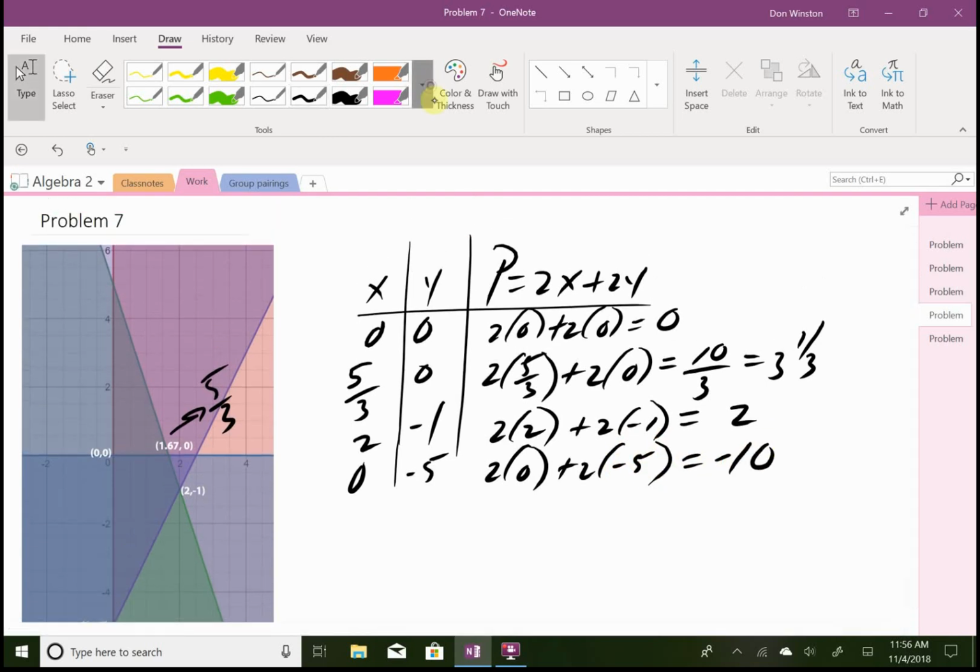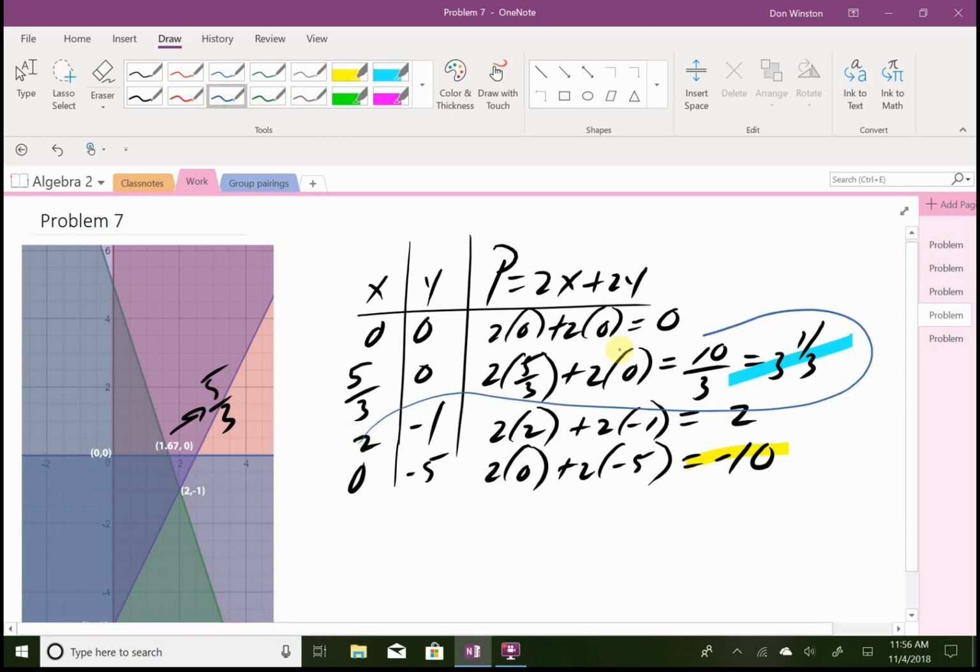Okay, so our minimum is going to be negative 10, and our maximum is going to be 3 1/3, and that completes C. And then D asks what is the maximum? Well, that is 3 1/3, and that occurs when x is equal to 5/3 and y is equal to 0. Okay, so that's it for problem number 7.